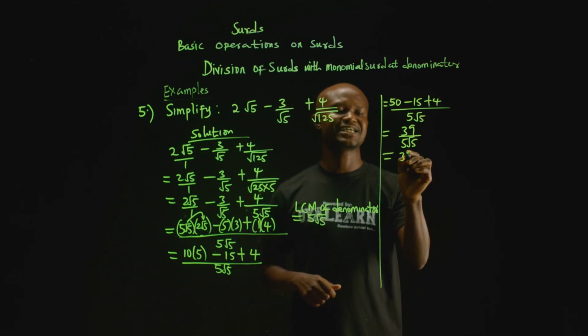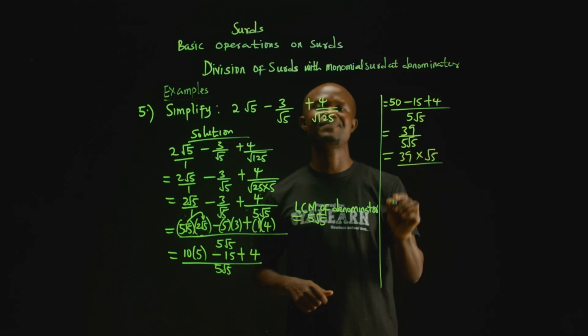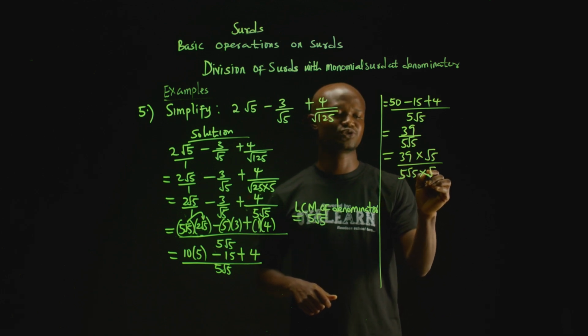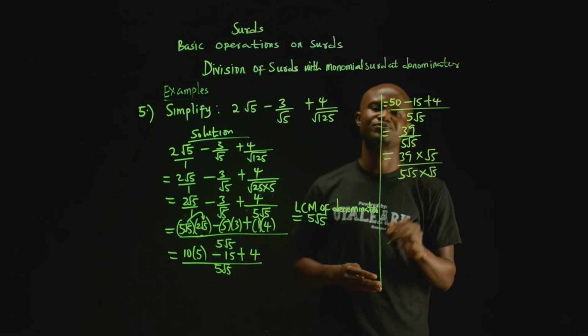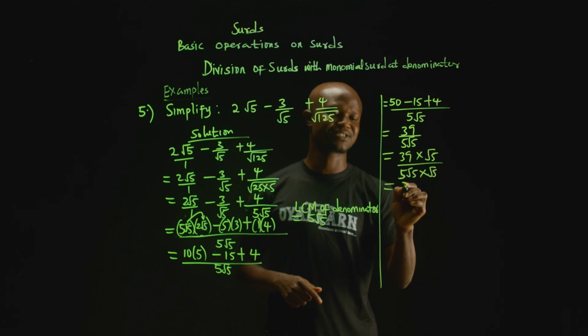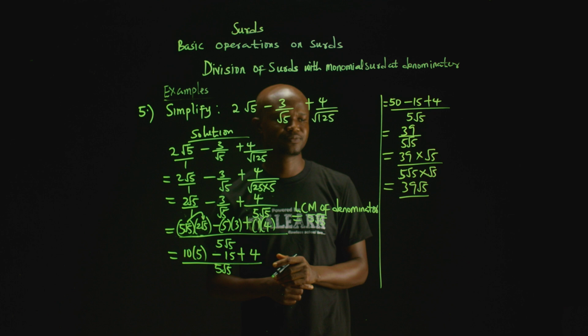Now we have 39 times root 5 divided by what? 5 root 5 times root 5. That is multiplying numerator and denominator by root 5. Now we have 39 times root 5, 39 root 5. That's for the numerator.